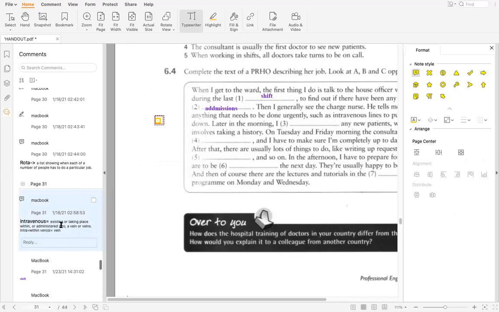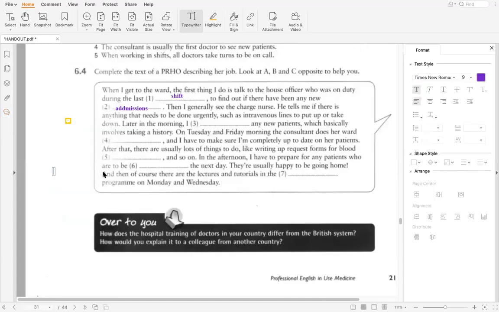So intravenous means existing or taking place within or administered into vein or veins. All right, because intra means within and veno means vein. So she checks if any of the patients need intravenous lines to put up or take down.